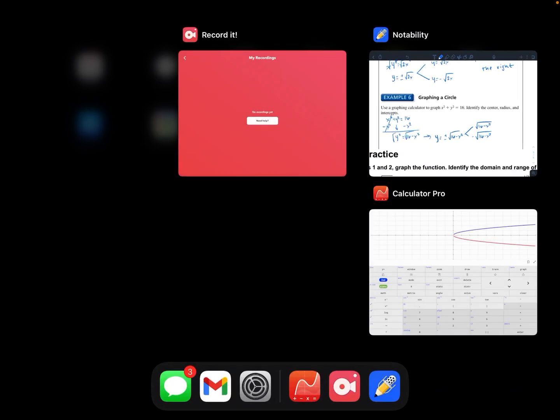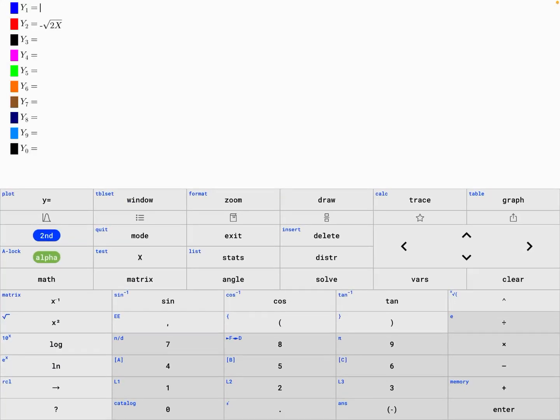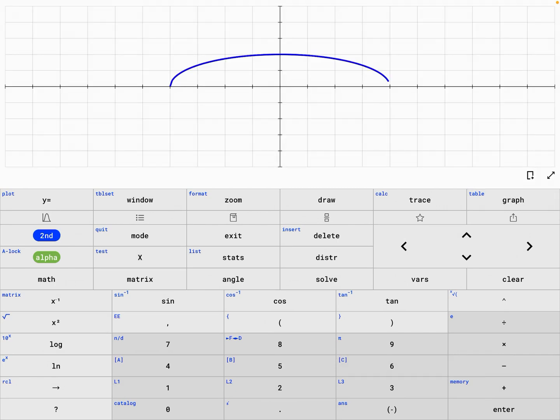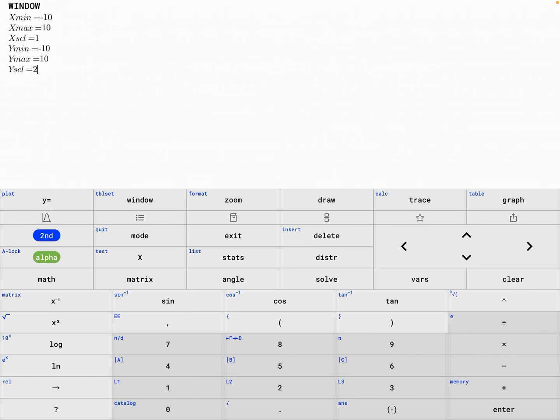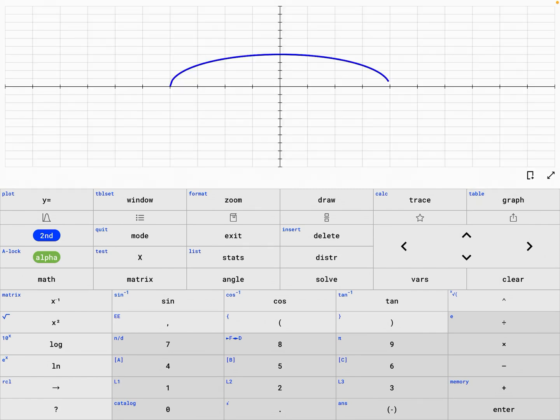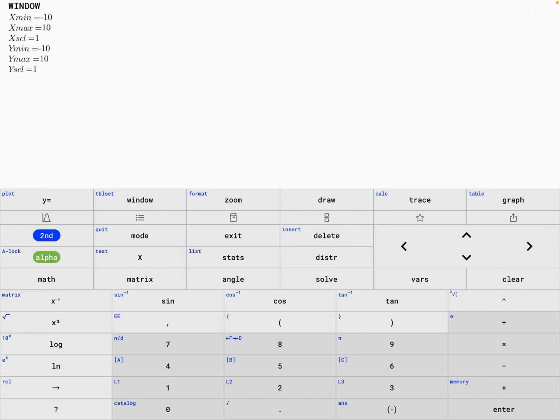Okay, so let's graph these functions. Alright, so I have the square root of 16 minus x squared, and if I graph that right there, that's what it's going to look like. Now let me correct my scaling here so that this is just 1, and now let me graph that. Oops, I did the wrong one.